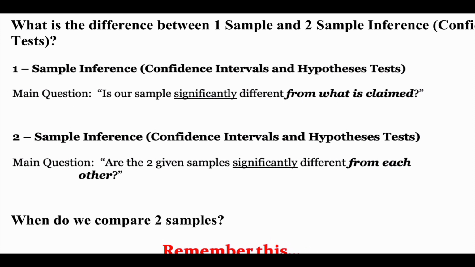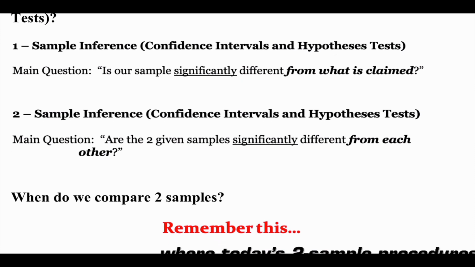Greater than, less than, not equal to. So we're comparing two samples. Are the two given samples significantly different from each other? I'm not just saying different, I'm saying significantly different. That's why we do things like hypothesis tests and confidence intervals.